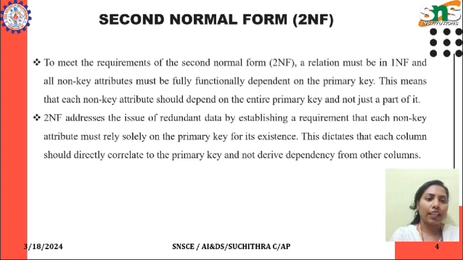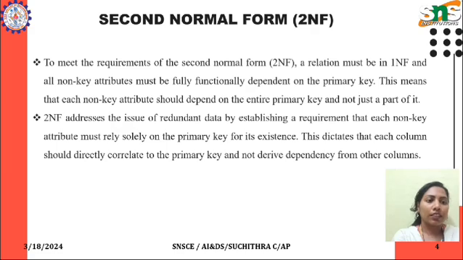Now we will see the second normal form. To meet the requirement of second normal form, 2NF, a relation must be in 1NF and all non-key attributes must be fully functionally dependent on the primary key. This means that each non-key attribute should depend on the entire primary key and not just a part of it. 2NF addresses the issue of redundant data by establishing a requirement that each non-key attribute must rely solely on the primary key of its entity.